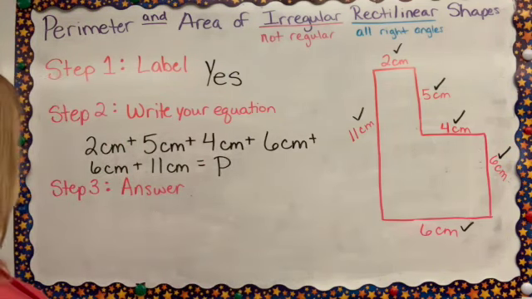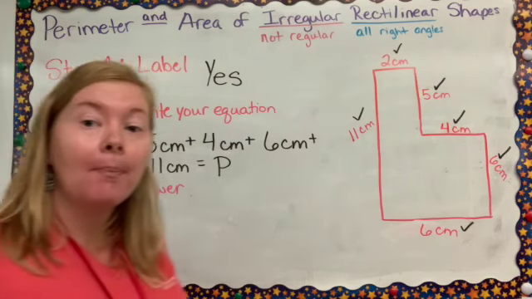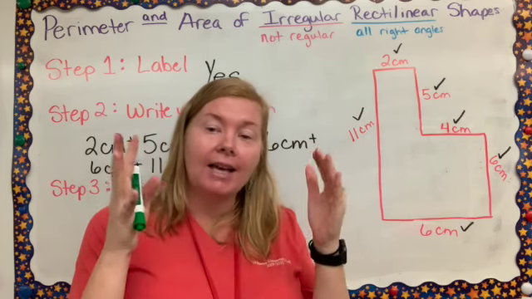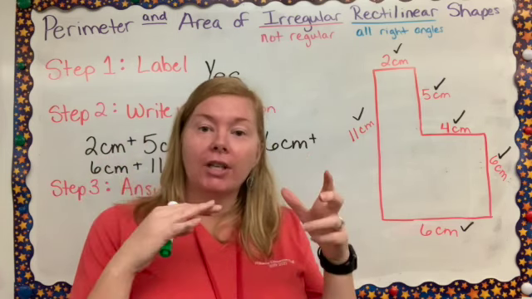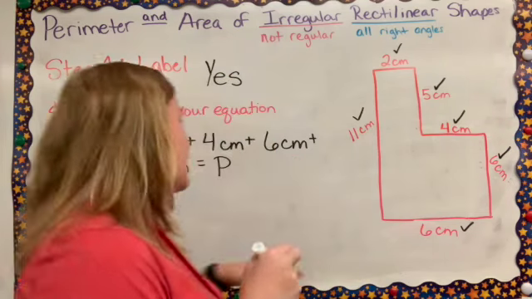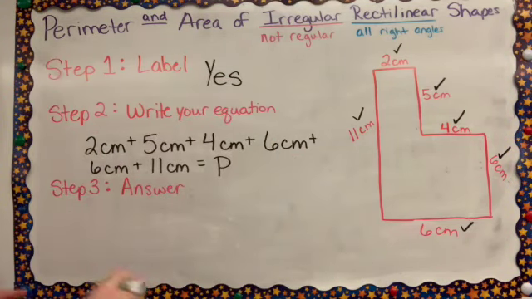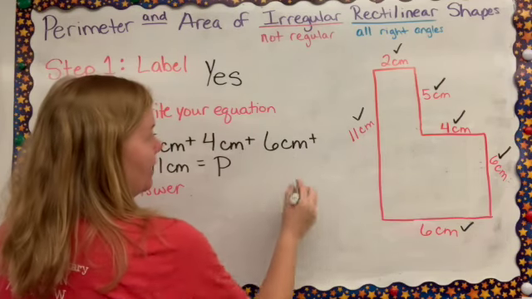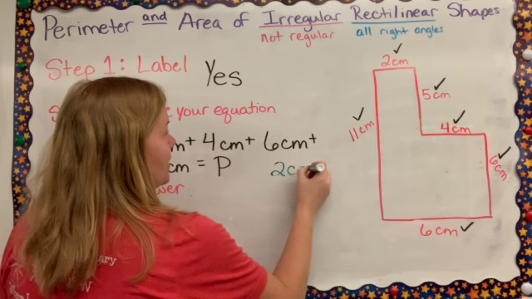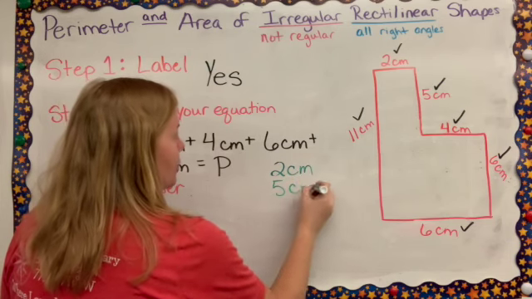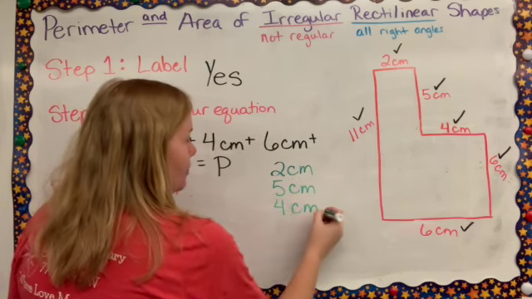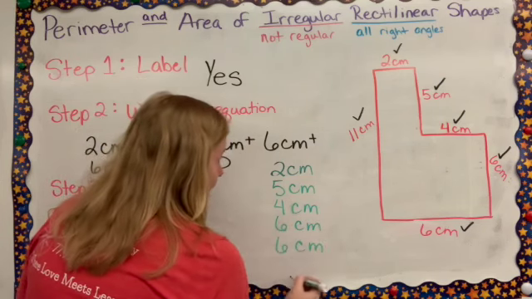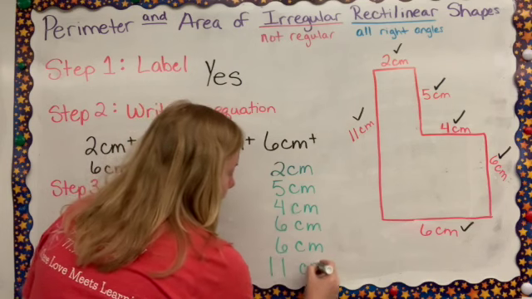Now, I'm going to do just like Miss Caldwell because I believe in combining numbers that are similar to each other that make it easier for us to add. Instead of trying to add all of those, I like to write them out like Miss Caldwell and do it sideways. So we have 2 centimeters, 5 centimeters, 4 centimeters, 6 centimeters, 6 centimeters, and 11 centimeters.